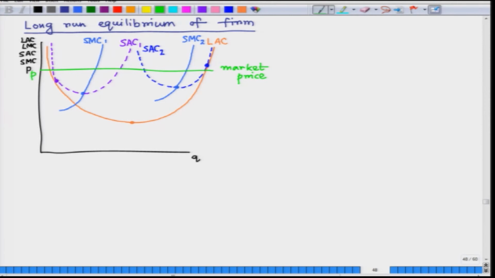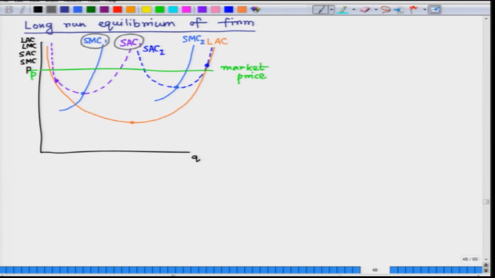So, P bar is the market price with which I start. Okay, fair enough. So, now how to find the firm's equilibrium? Suppose the firm starts with plant size 1, with the corresponding short run average cost and short run marginal cost curves SAC1 and SMC1.